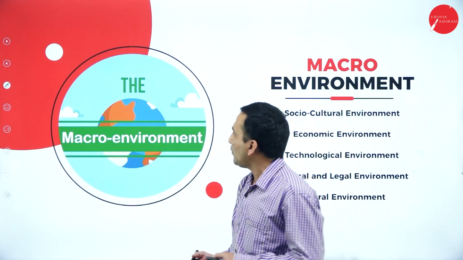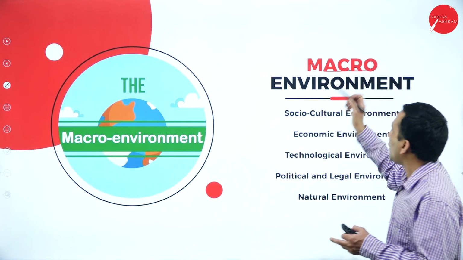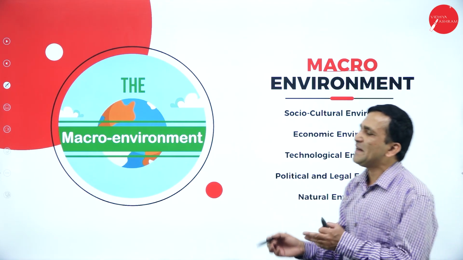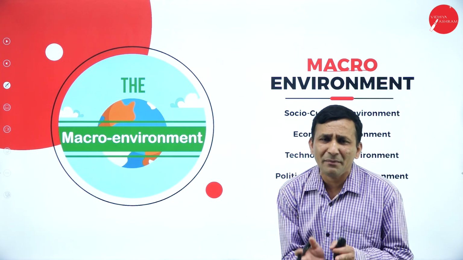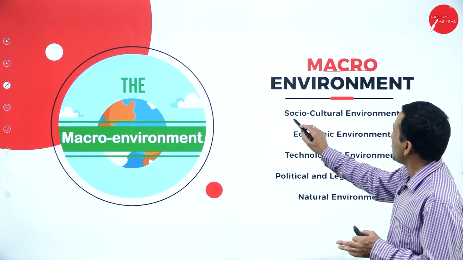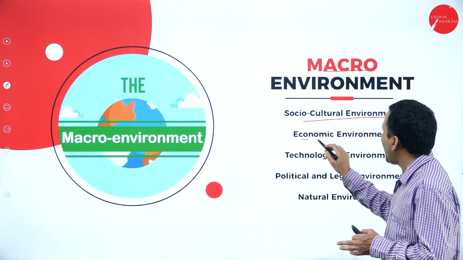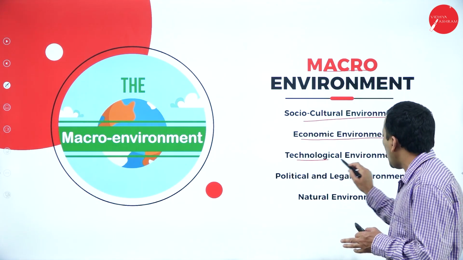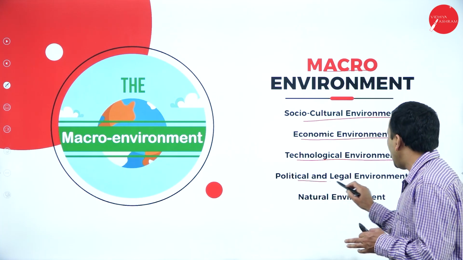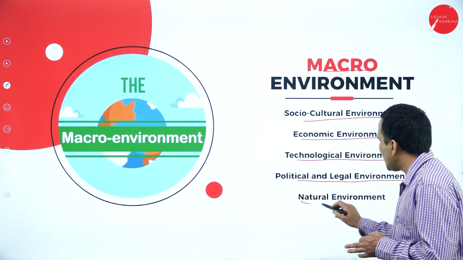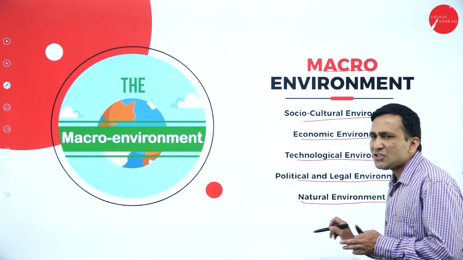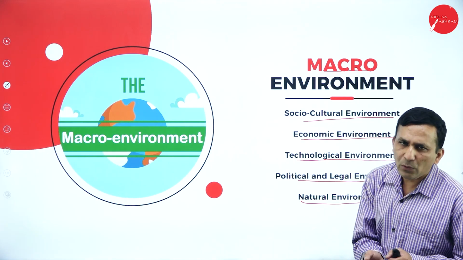So the first one under the macro environment, I just specified PESTLE so you can remember easily: social cultural environment, economical environment, technological environment, political and legal environment, natural environment, international or global environment.